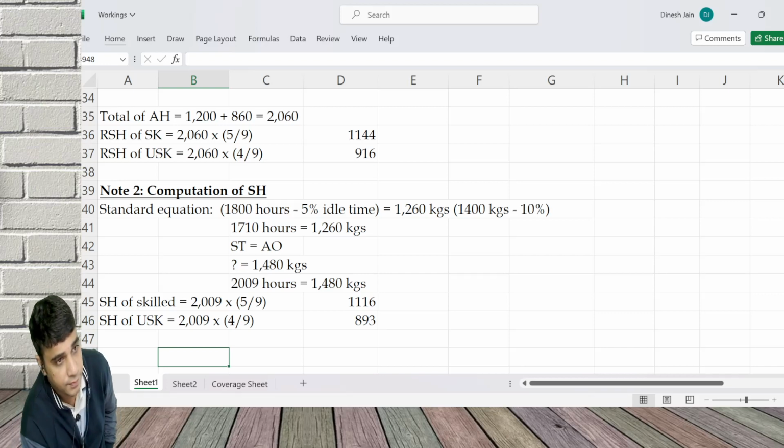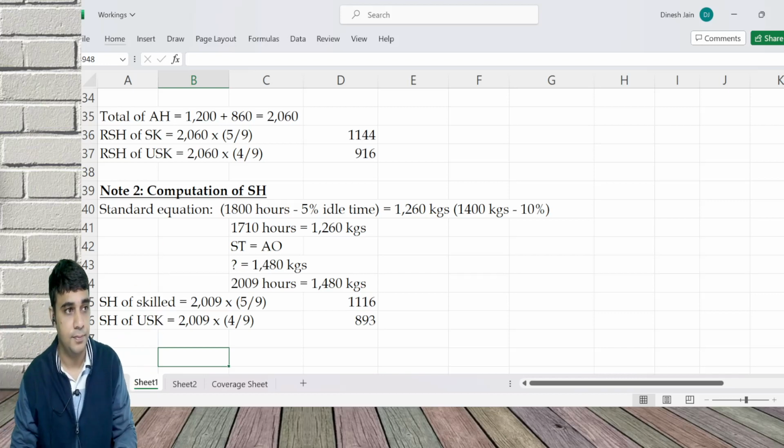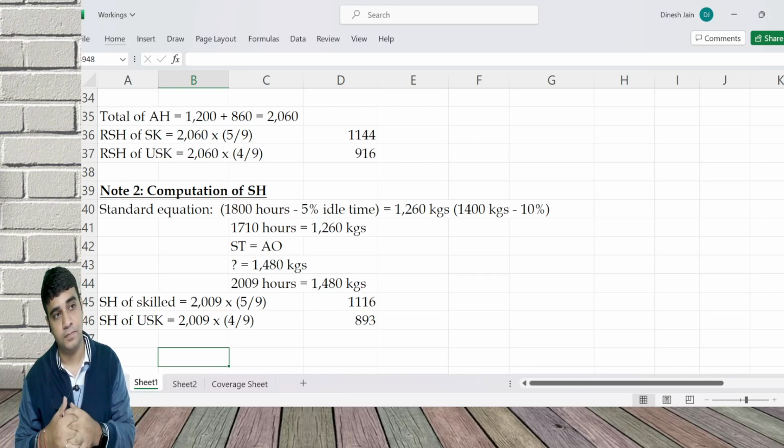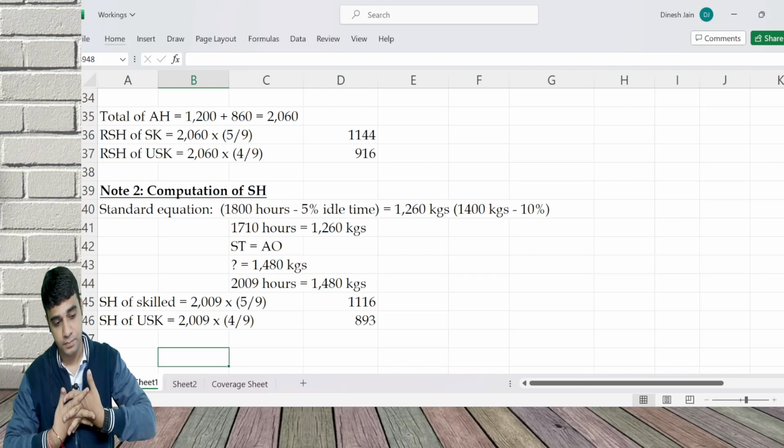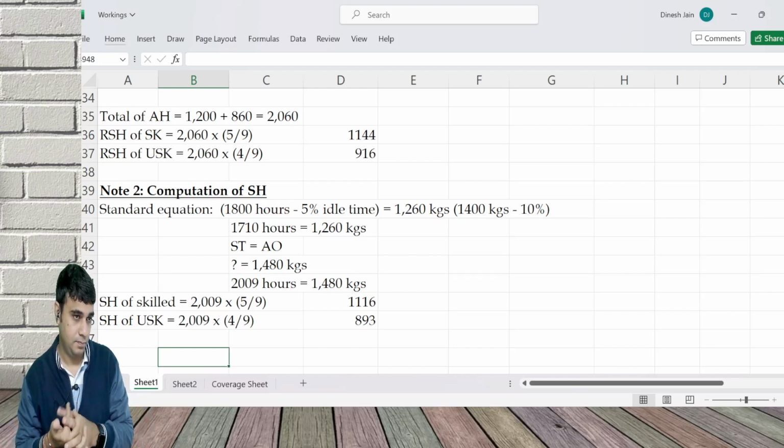Clear on this? Any doubts? Can you proceed? Done? Any doubts on this?